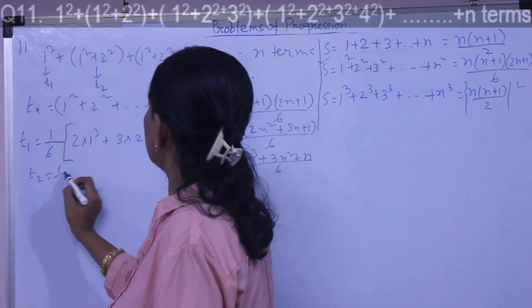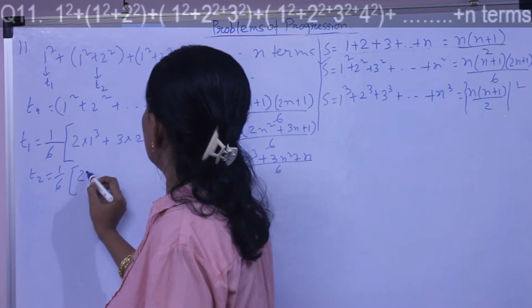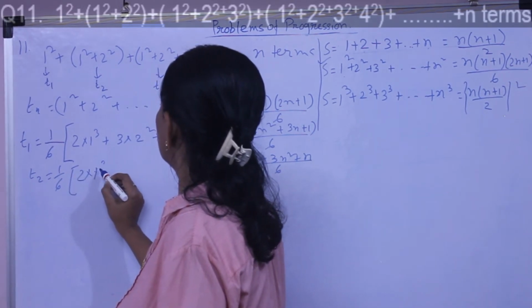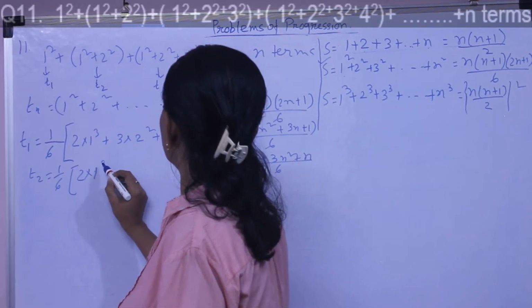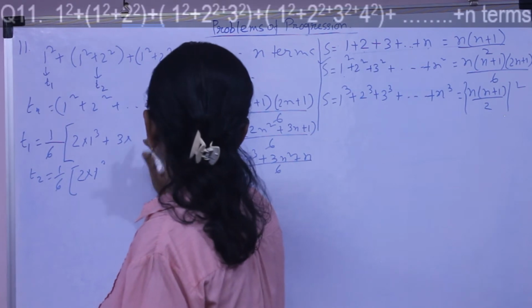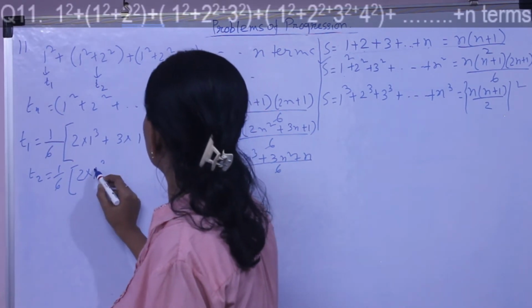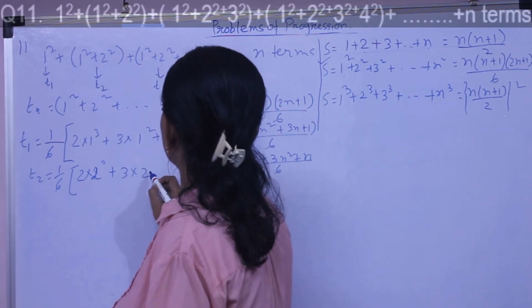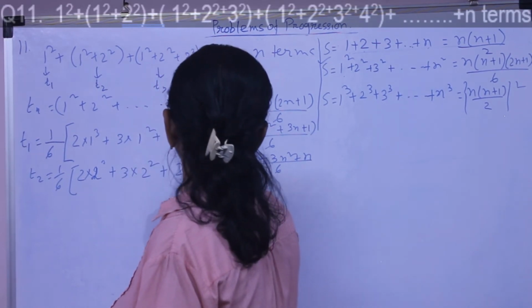T2 equals 1 by 6, 2 multiplied by 2 cube plus 3 multiplied by 2 square plus 2.